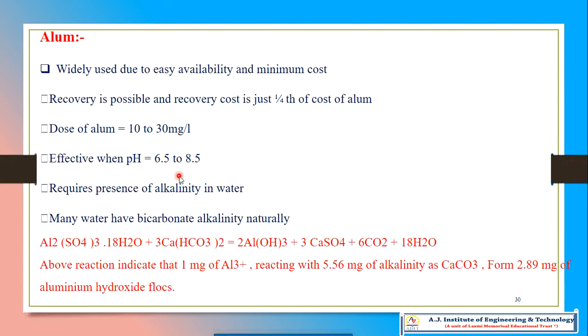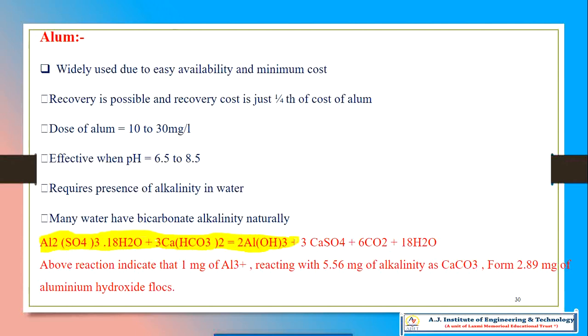in the water. Many waters have bicarbonate alkalinity naturally, so there is not much need to add alkalinity, and the alum will easily react with the HCO3. I'm highlighting the chemical formula to show how alum, that is aluminum sulfate, reacts with solid particles which are not able to settle by their own gravity.